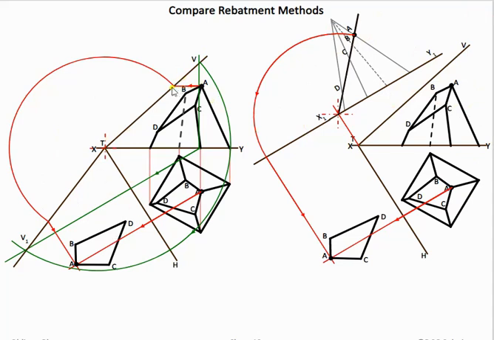Point A is brought across here, rotated around, then brought across here horizontally again, and brought out 90 degrees. So that's point A found in this one. In this case here, A is here, folded onto the ground, brought down here, and then brought out 90 degrees. So there are the two methods in this method of finding the true shape of that cut surface.